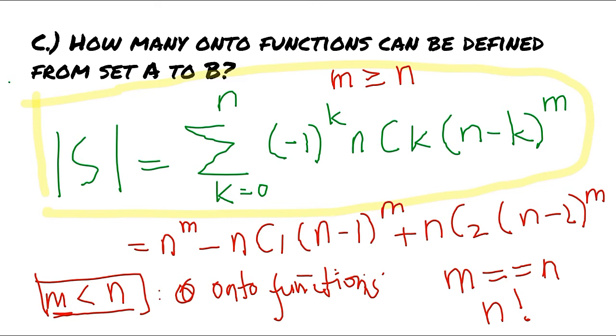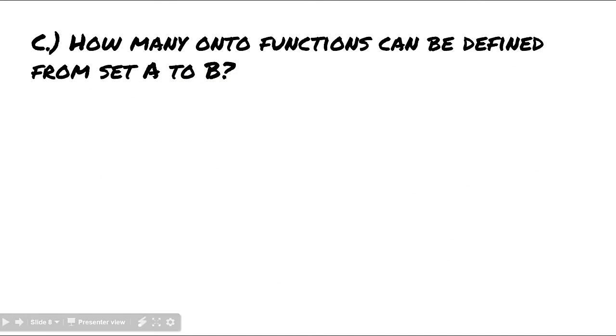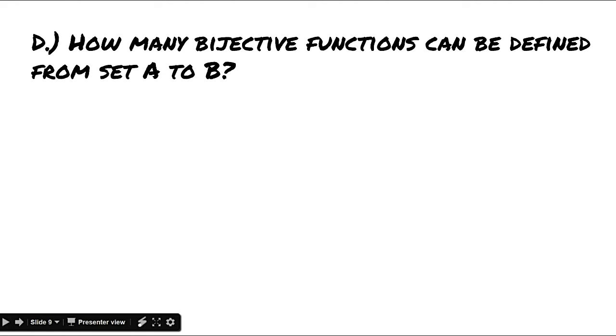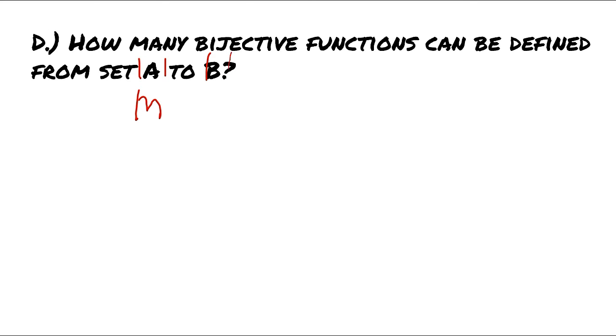Finally, for the last question: how many bijective functions can be defined from set A to B? Again, if we observe the cardinality of A to be m and the cardinality of B to be n, if m is less than n, then we don't have onto functions, so 0 onto functions.